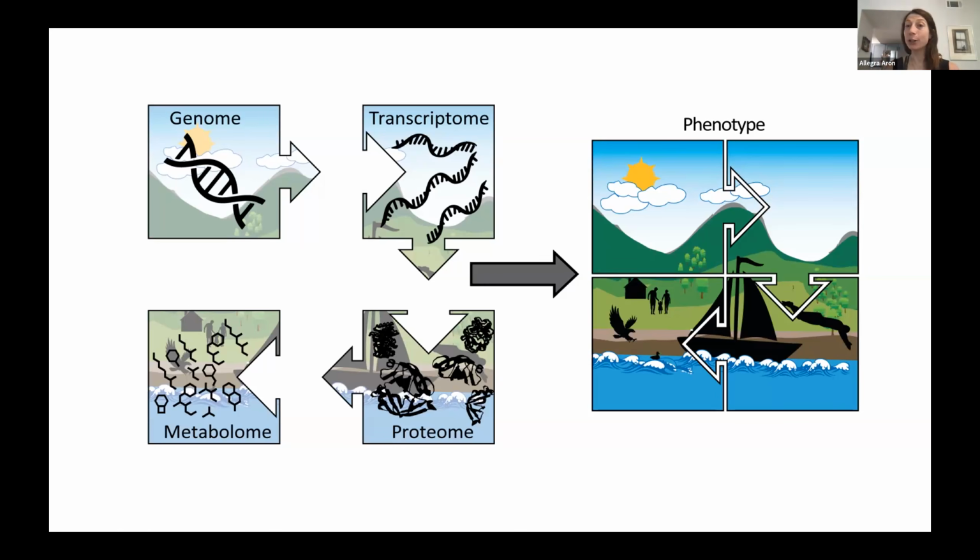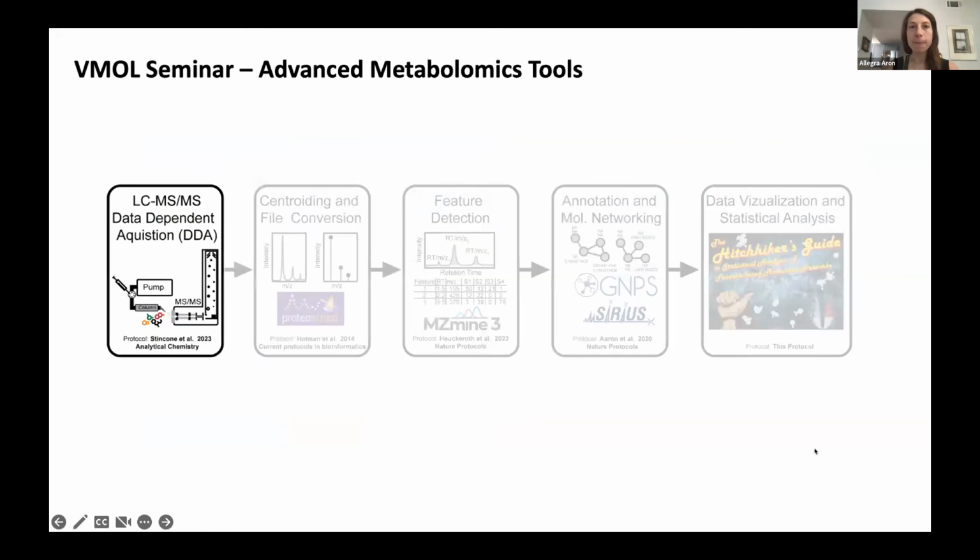Metabolomics has too, but it's one of the newest of these omics technologies. And because of that, I think there's a lot of exciting space for innovation. And that's one reason that we're excited to involve all of you and teach some of you who are newer about all of these recent innovations.